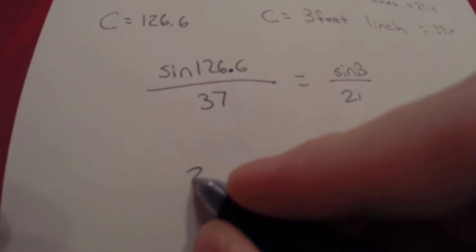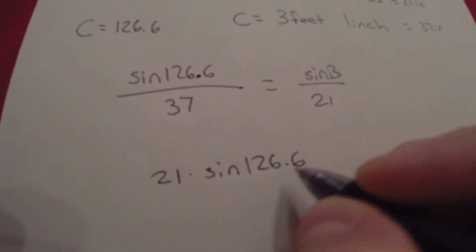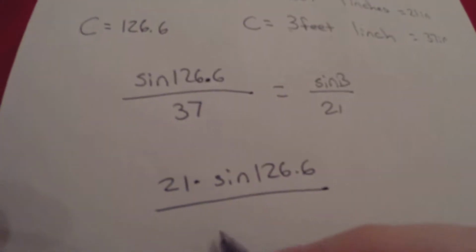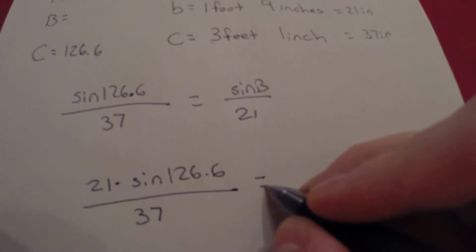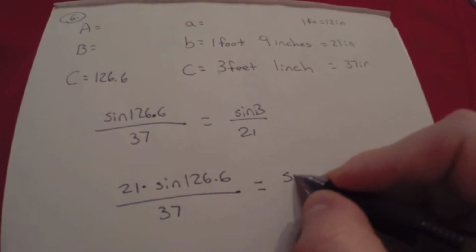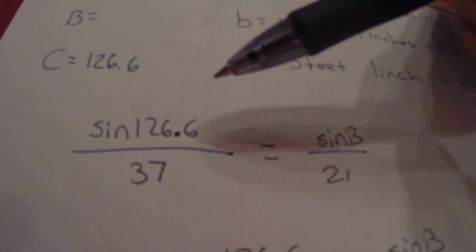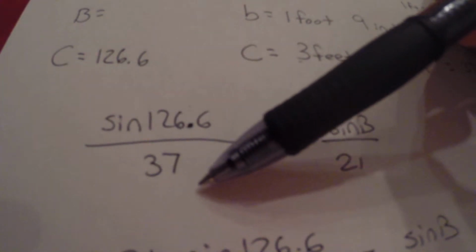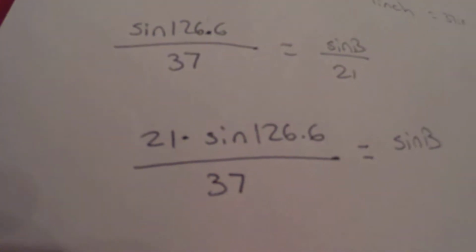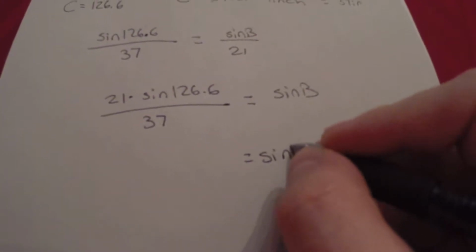It's going to be 21 times sine 126.6 divided by 37 equals sine B. Again, what I did here was cross multiply and divide quickly: sine 126.6 times 21 divided by 37. So we solve this and we'll get sine B.